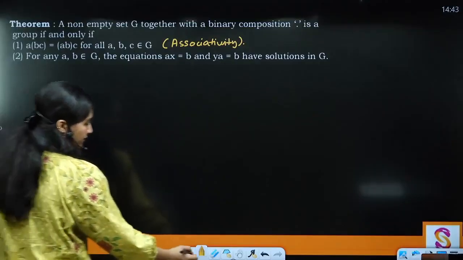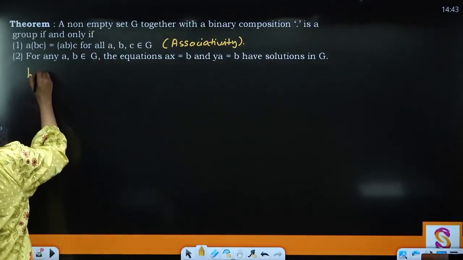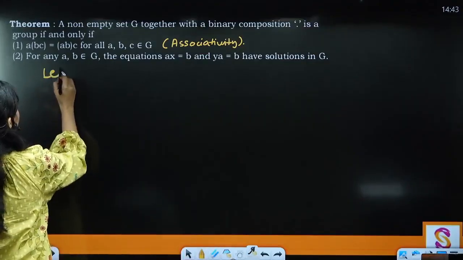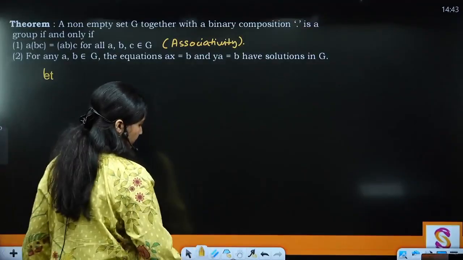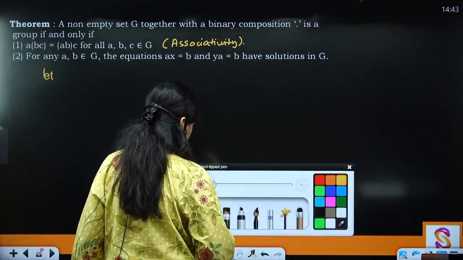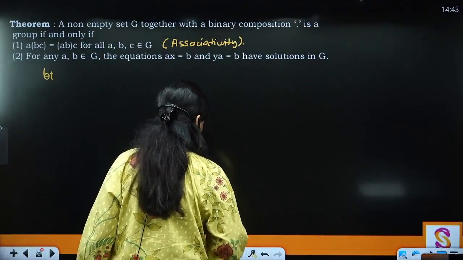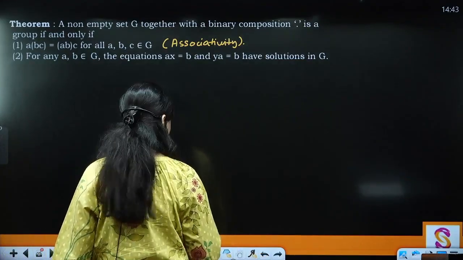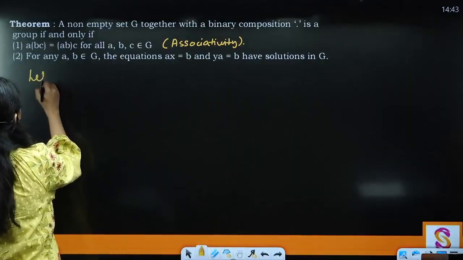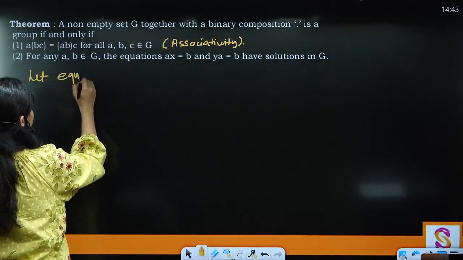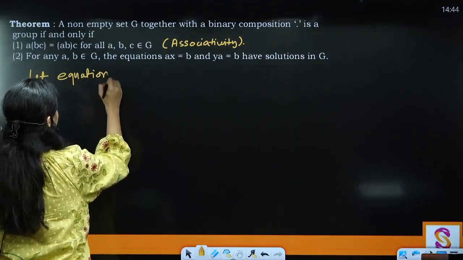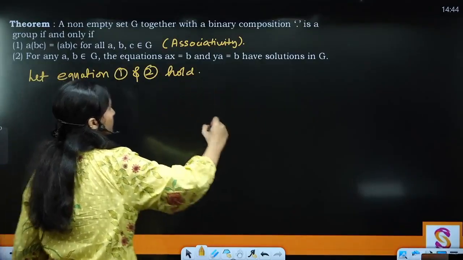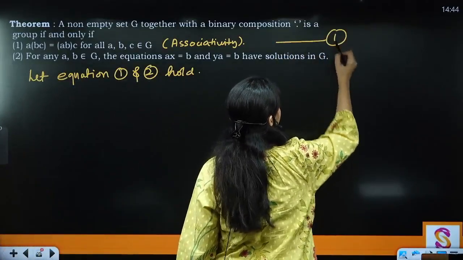So now what we'll do, we'll assume that equations 1 and 2 hold. Now what are the two equations? This is 1 and this is 2. Clear?